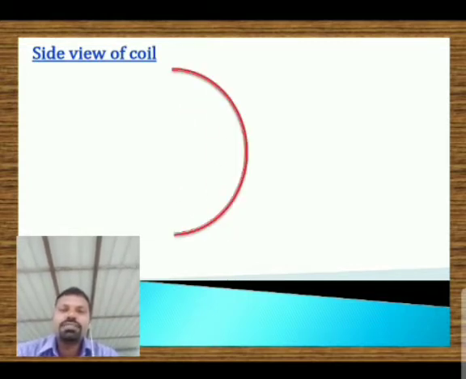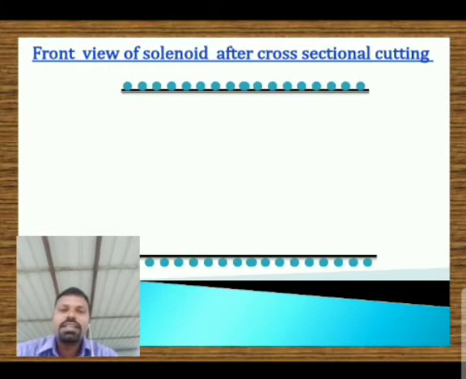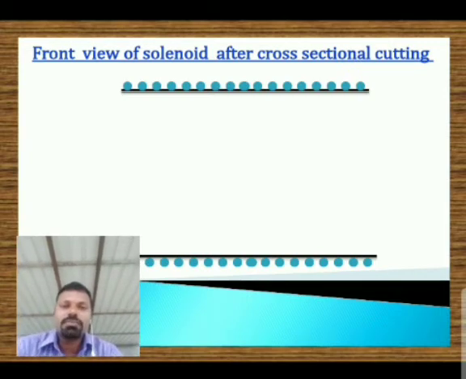If I rotate this one, the shape changes like that. Now I am observing the top and bottom sections. If I arrange all the solenoid top and bottom points in order, this is the figure which I can observe.